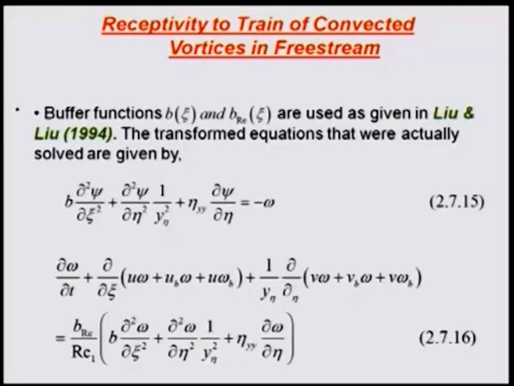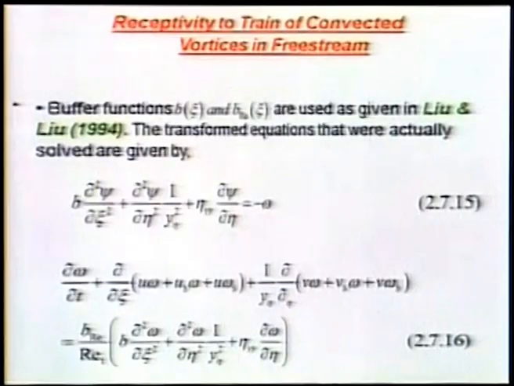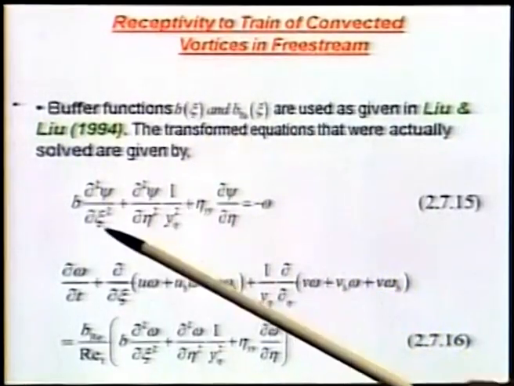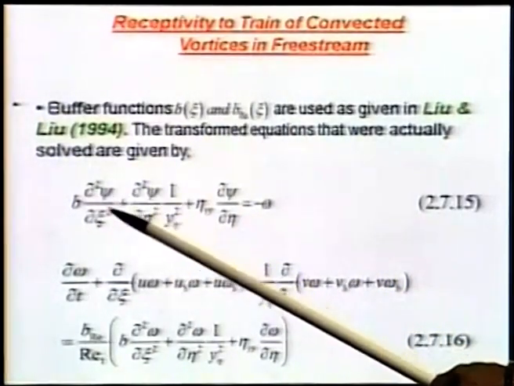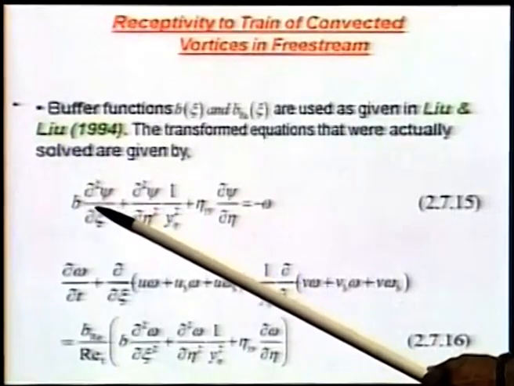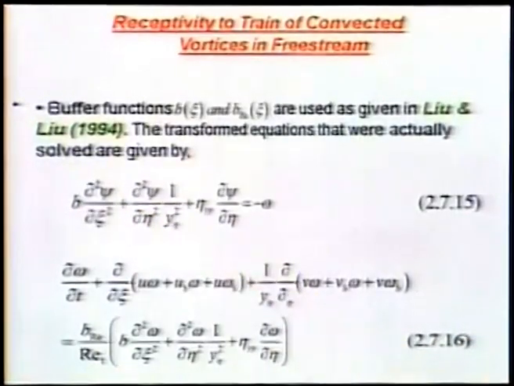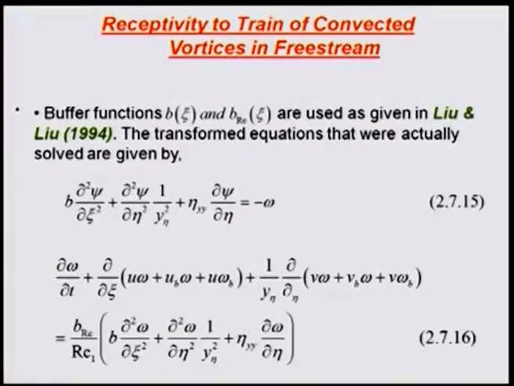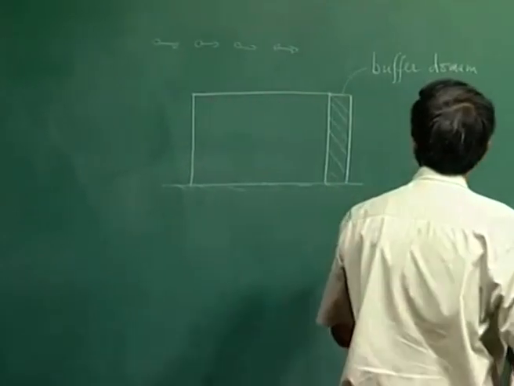That factor is used in defining a buffer function b of xi. So, in front of the streamwise diffusion, we multiply it by a function b. What is this b? The b is like this.